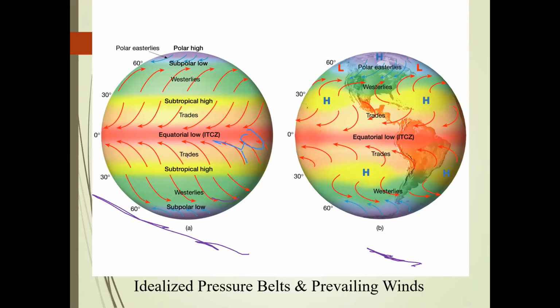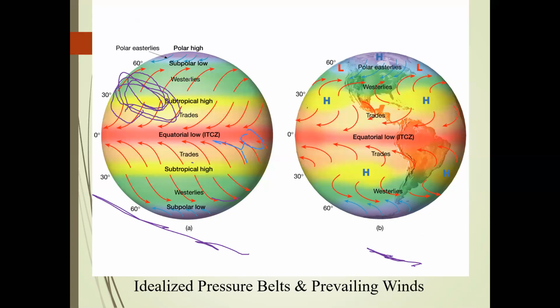If you look at the circulation here, this is clockwise. So the air is moving out of a high pressure system into a low. And if you look at the polar easterlies and the westerlies, we have counterclockwise motion.